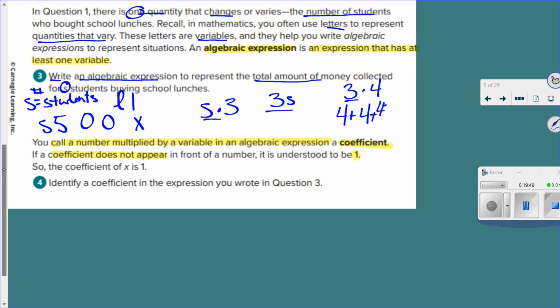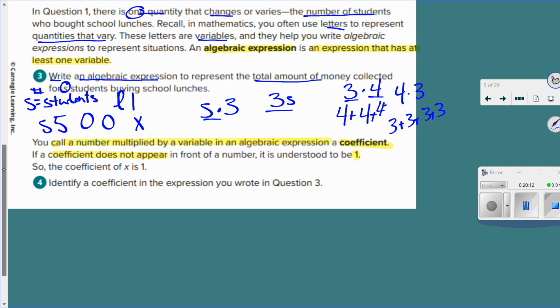So if I did 4 times 3, how would I model that? Excellent. So I'd say 3 plus 3 plus 3 plus 3, correct? So even though the answer is the same, the way I write it changes what I'm actually doing.